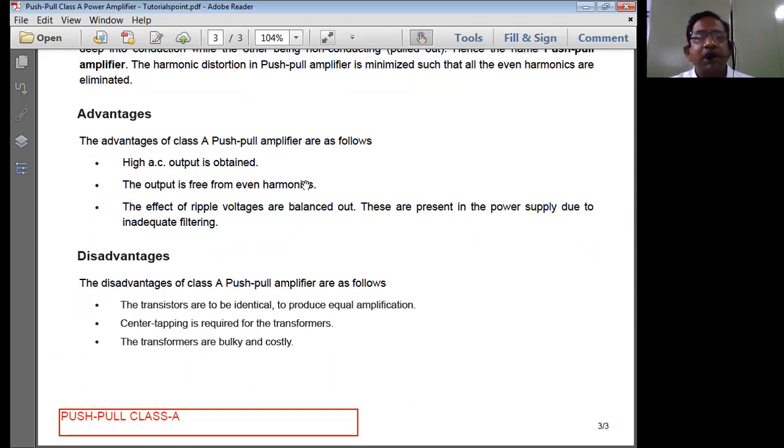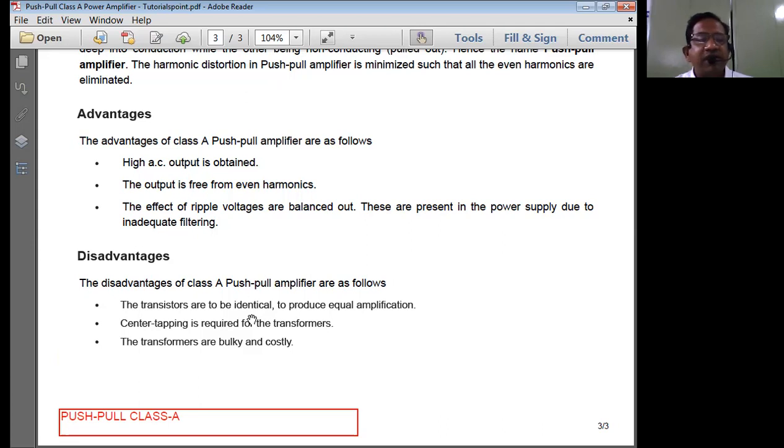This is the advantage in the case of class B push-pull as well. The effect of ripple voltages is balanced out because of the center tap connection at the output transformer. These are present in the power supply due to inadequate filtering. So we get some advantage by cancelling out the ripple voltage at the output.